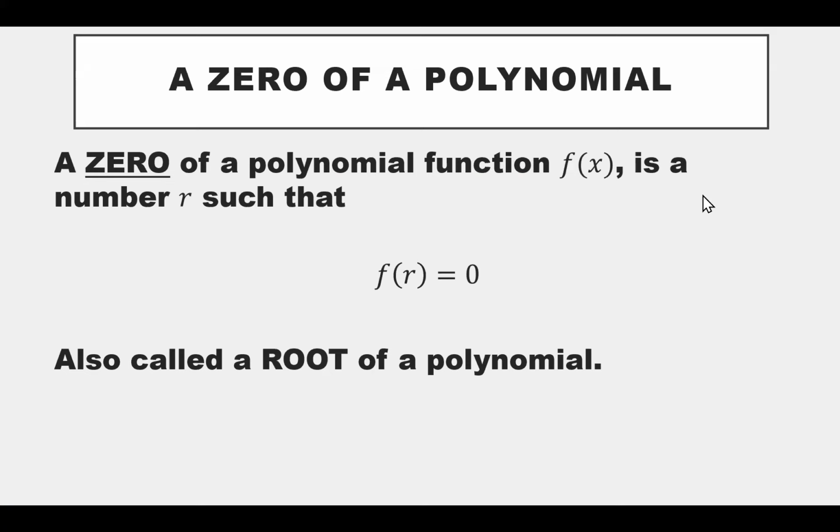So a zero of a polynomial function is something that you plug in to the function and the output becomes zero. Zeros are also called roots of the polynomials. So the root of a polynomial is a zero of a polynomial function.